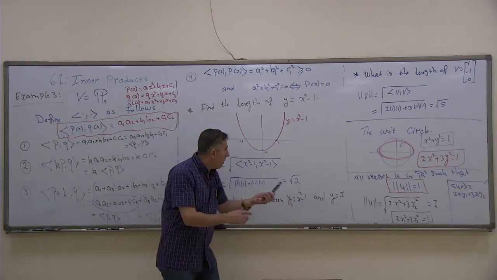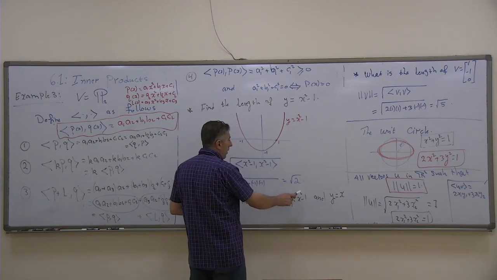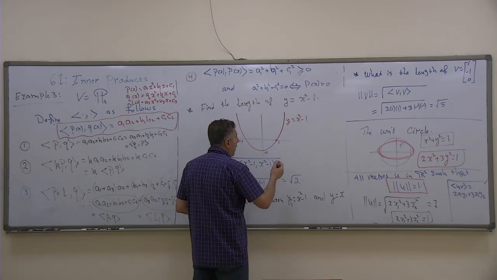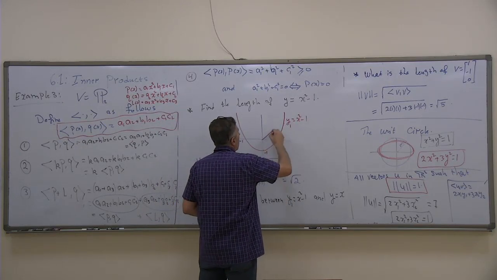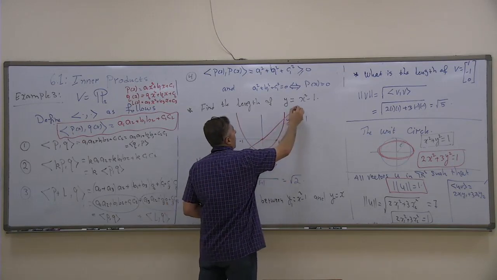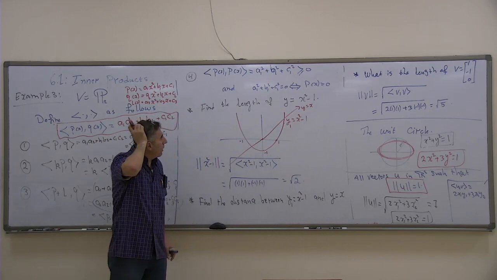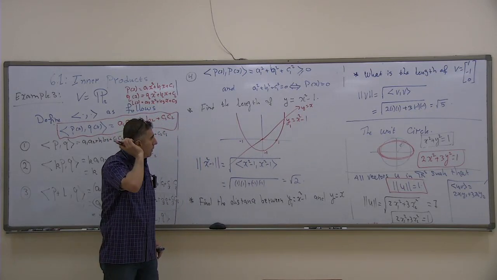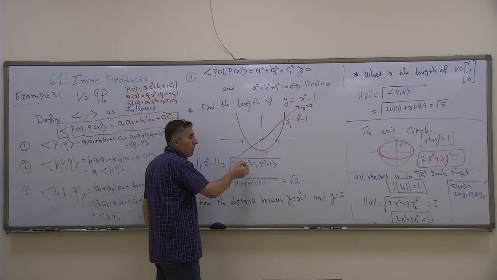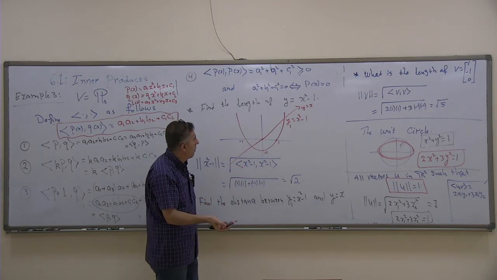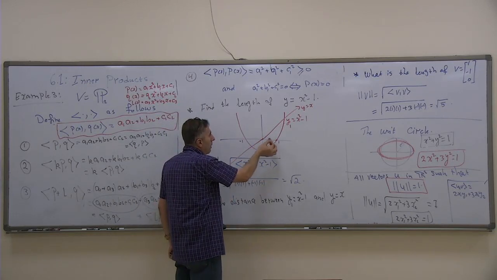Please don't graph them and tell me, yeah, this is y equals x squared minus 1 and here is y equals x, and then start to think, oh, what is the distance between them? Well, here they intersect. What does it mean, the distance between them? Here they are, the distance between them can be measured.